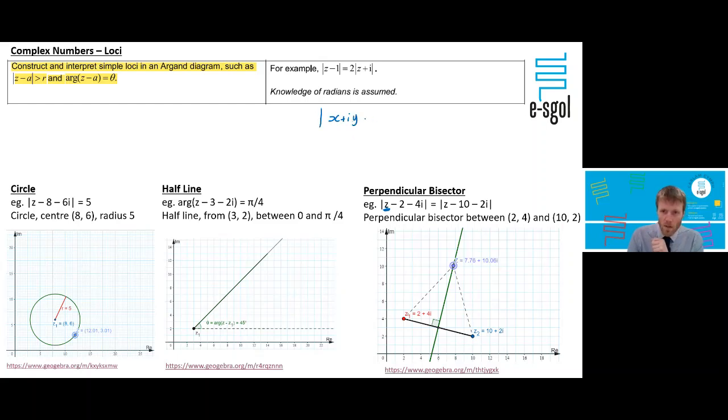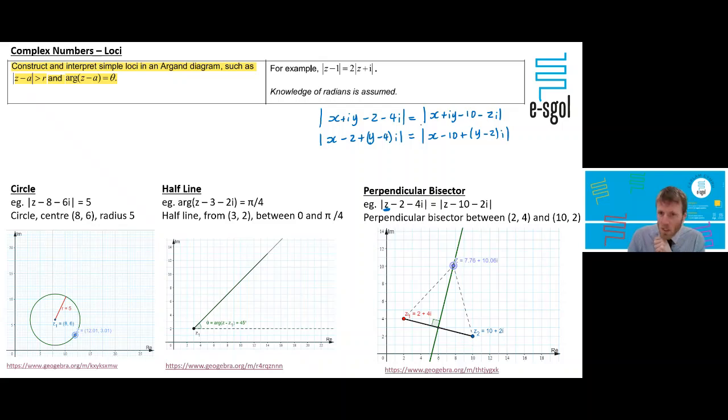We're doing the modulus of z minus 2 minus 4i equals the modulus of x plus iy minus 10 minus 2i. Take all the real parts, so we get x minus 2, and combine all the imaginary parts, so that's y minus 4i, equals, and do the same over here, so we've got x minus 10 plus y minus 2i.